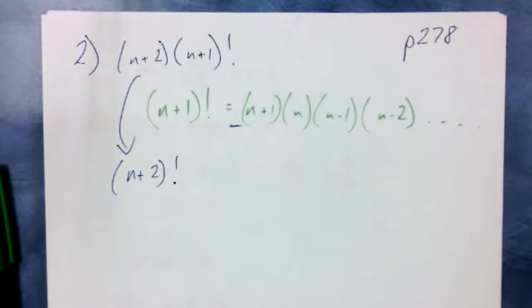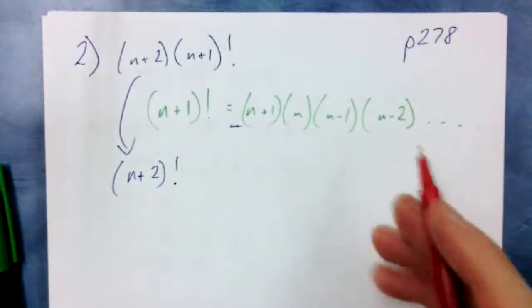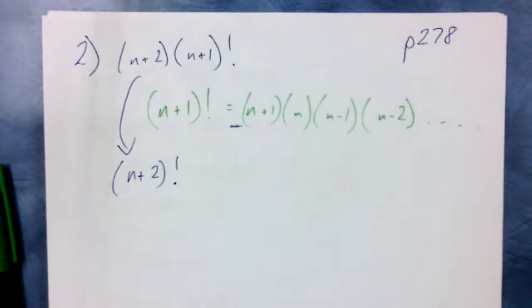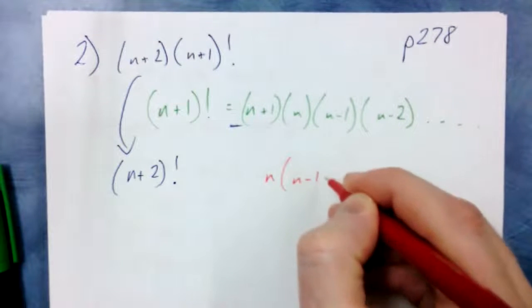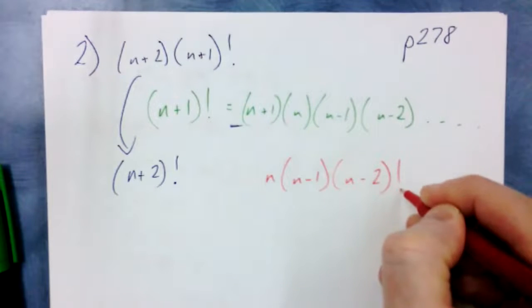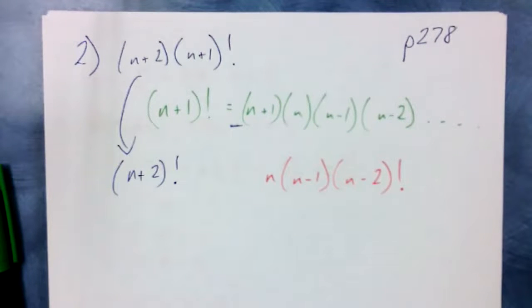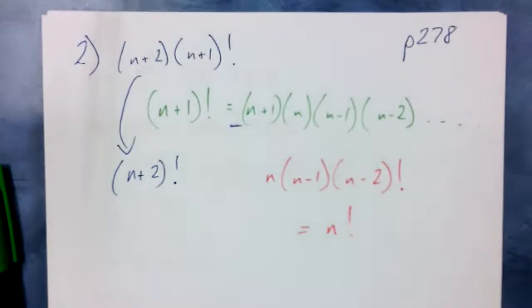Here, I'll show you an easier way. If the question said, I think you'd see this because we're so used to the n minus 1. We've been doing this 2 days. But if I'd said n times (n minus 1) times (n minus 2) factorial, if it said simplify that, I could rewrite this as n factorial.